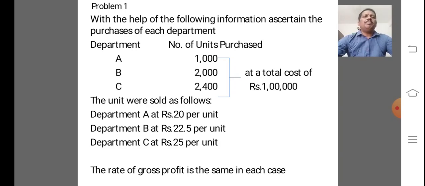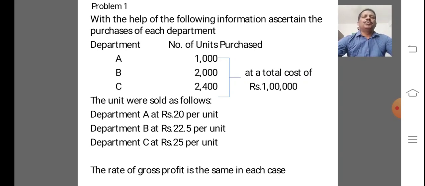There are 3 departments: Department A, Department B, and Department C. The number of units purchased: Department A 1000, Department B 2000, and Department C 2400, at a total cost of rupees 1 lakh.